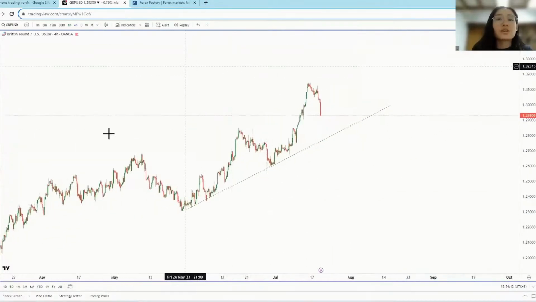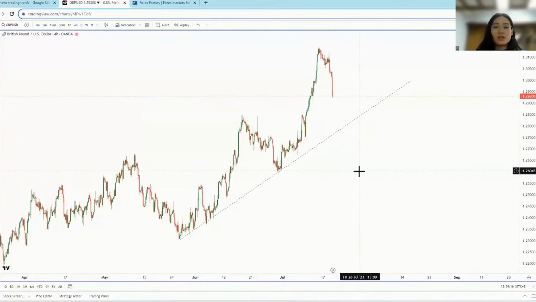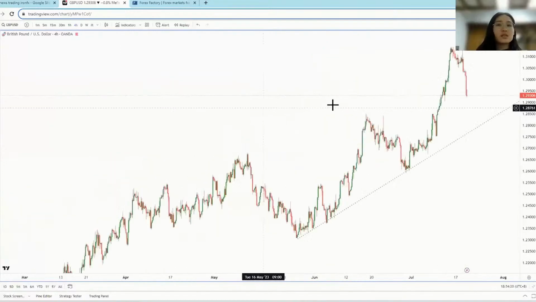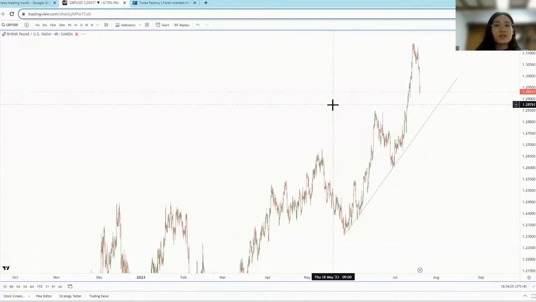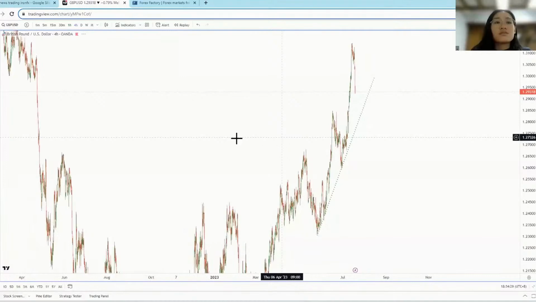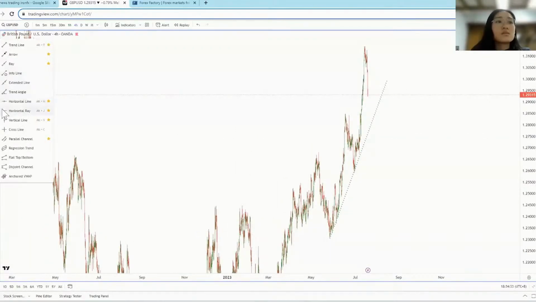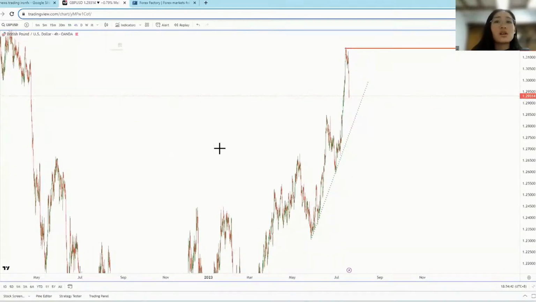Now let's go in with our support and resistance levels. To begin, here is my first resistance.